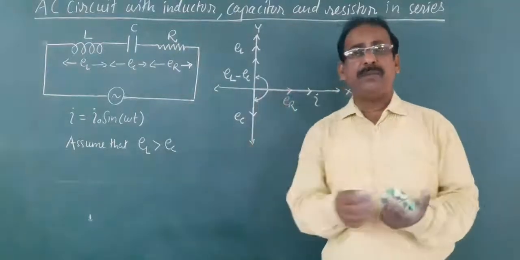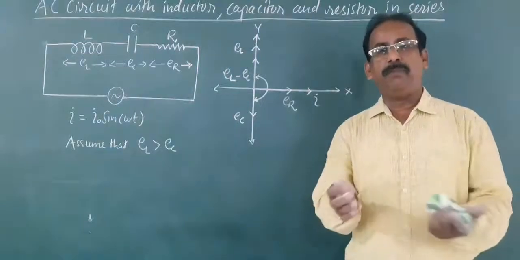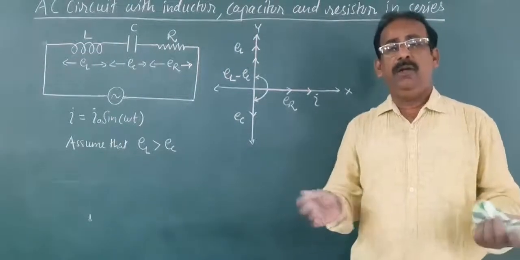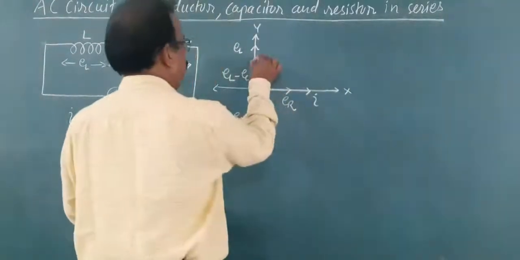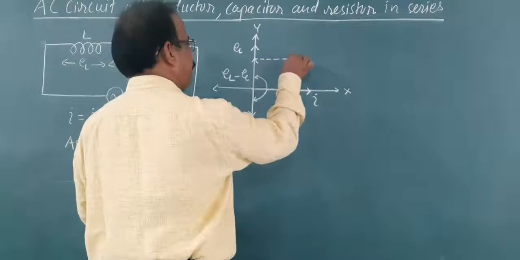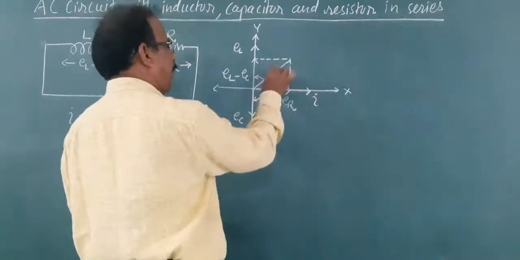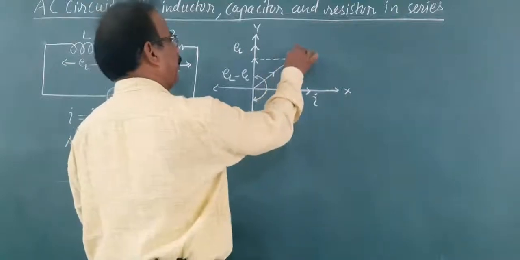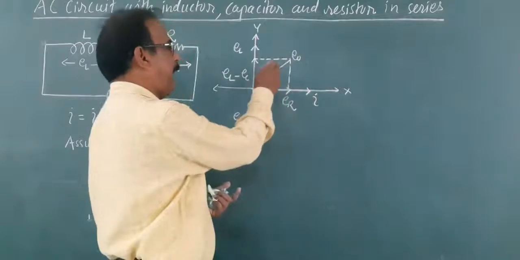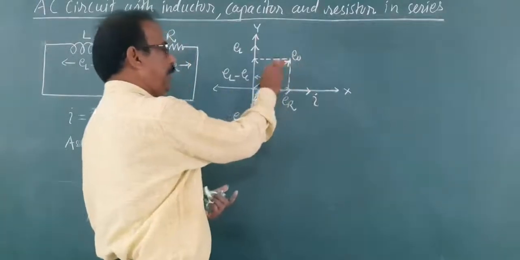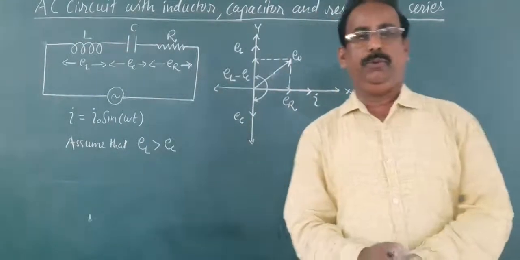These two EMFs are perpendicular to each other. A phasor difference of pi by 2 radian is there. Therefore, net EMF by parallelogram law will come along the diagonal, denoted by E0.